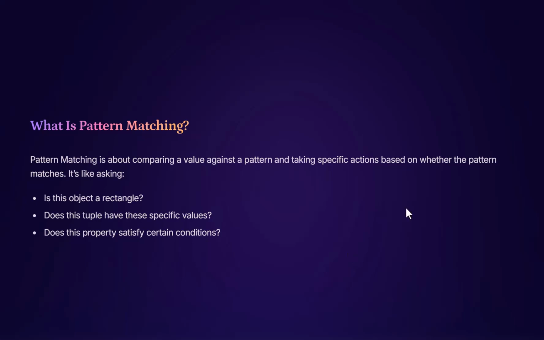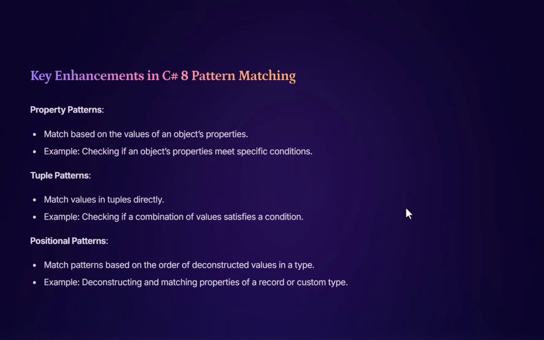So let's see exactly what the enhancements in C# 8 are. Here, from my point of view, there will be 3. First, property pattern, which basically matches based on the values of an object's properties, checking if an object property meets a specific condition.